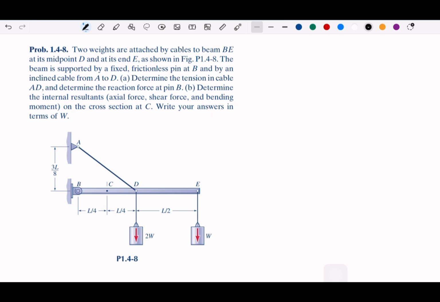And then we have pin B and then pin A also fixed. And we have all the distances through all the points.